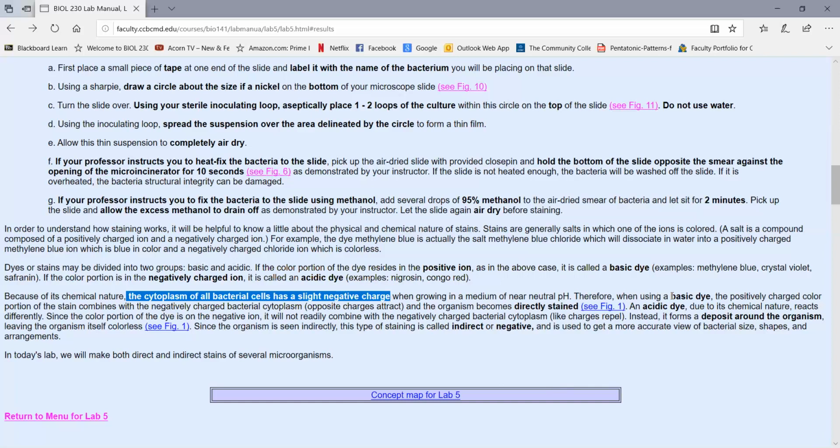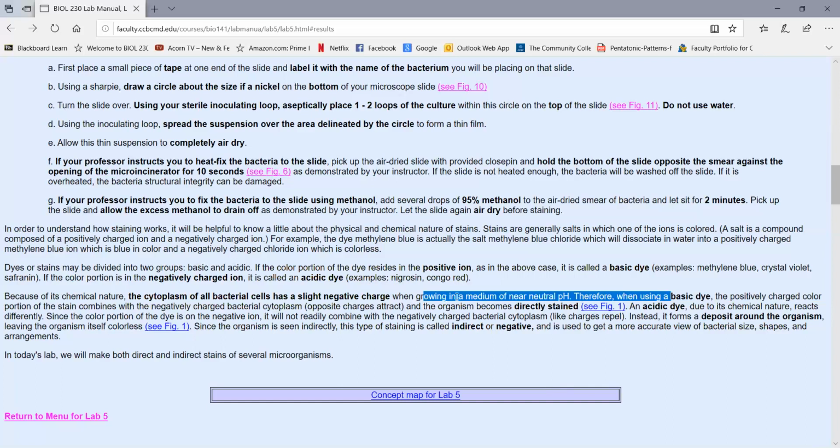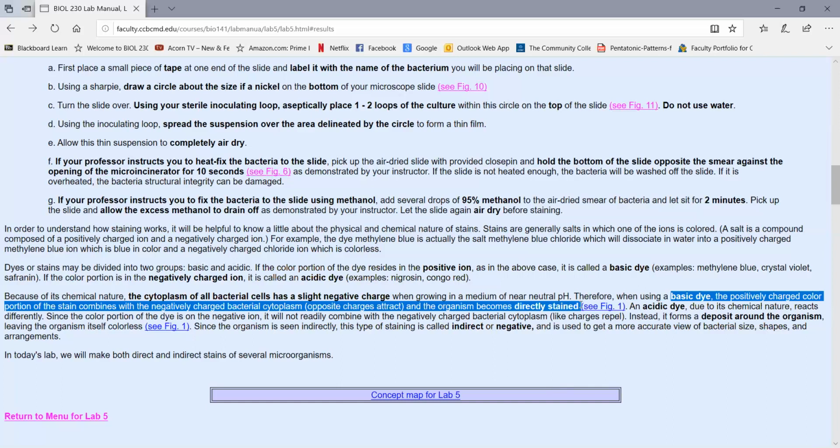If we use a basic dye where the color is in the positive ion, then the positively charged color portion of the basic dye is ionically attracted to the negatively charged bacterial cytoplasm because opposite charges attract, and that holds the dye inside the organism and on the organism. So the bacteria are stained, but the excess dye washes off during washing. And we call that a direct stain because we're directly staining the bacteria.